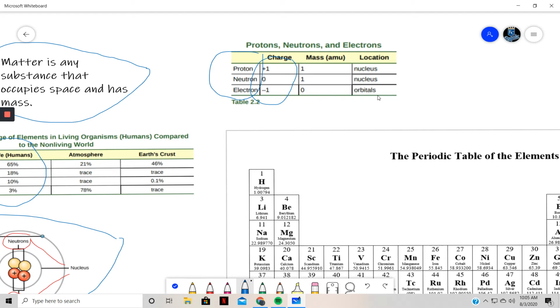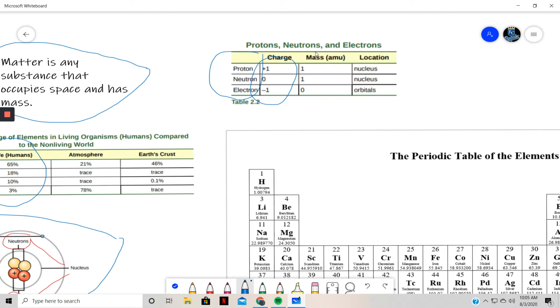So that's a reminder that protons are positive, electrons are negative, and neutrons are neutral, no charge. Okay, the next thing we want to look at is their mass.